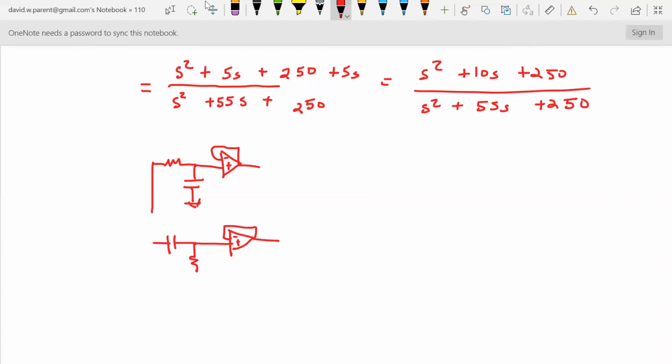And yeah, these are actually tied to VN. And now we need to add these. Now the book might use an inverting summer and then an inverting amplifier, but I really think that's not the way to go.